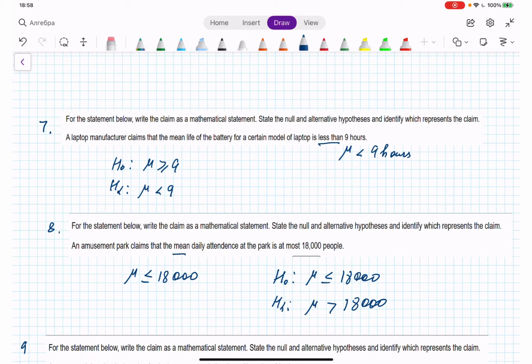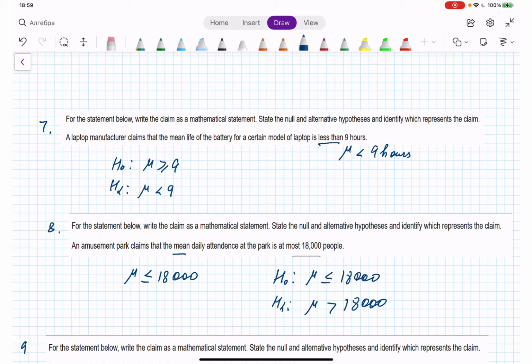Okay, so we put down there the hypothesis test claim. We have mu is greater or equal to 9, and the alternative is going to be less than 9. So now we need to identify which one is our claim.